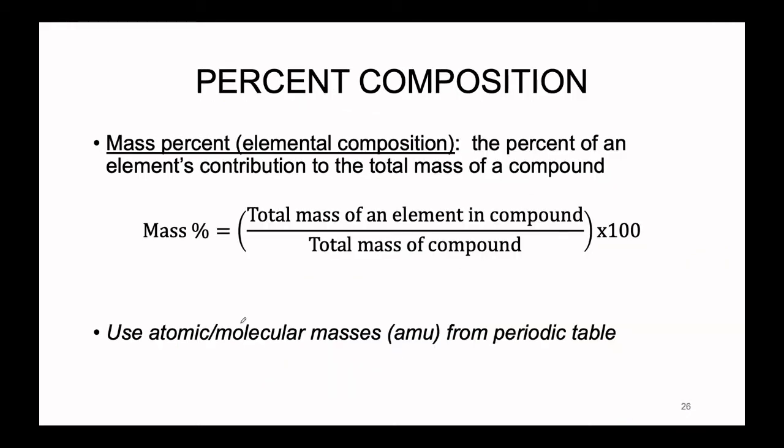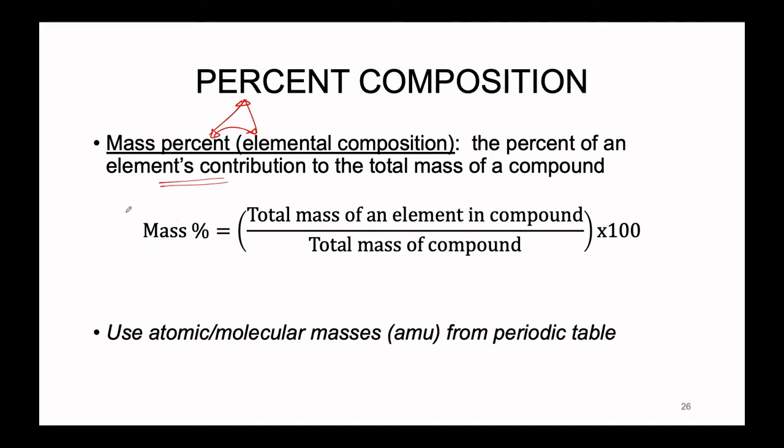All right, so percent composition, also known as mass percent or elemental composition. Each of these terms is interchangeable with each other, at least in general chemistry. The percent composition is the percent of an element's contribution to the total mass of a compound.